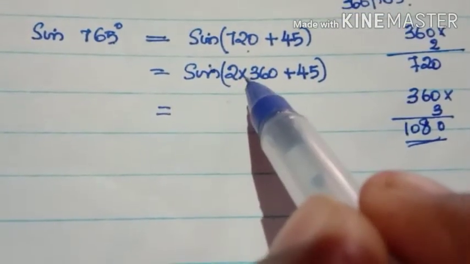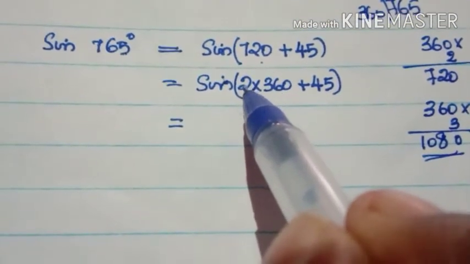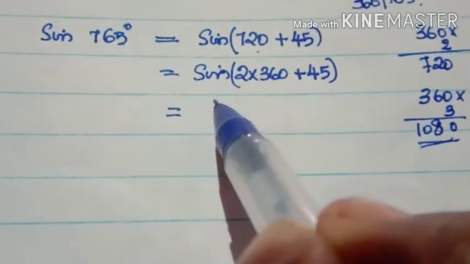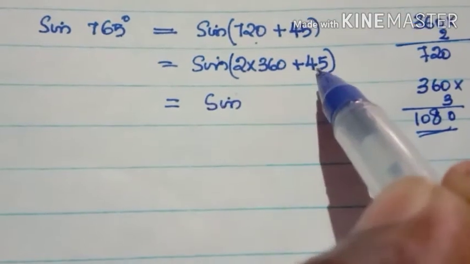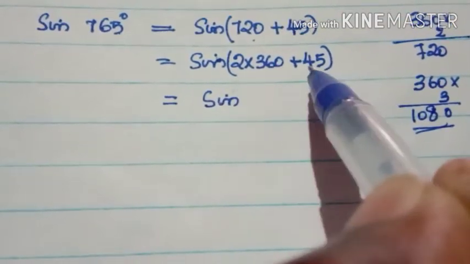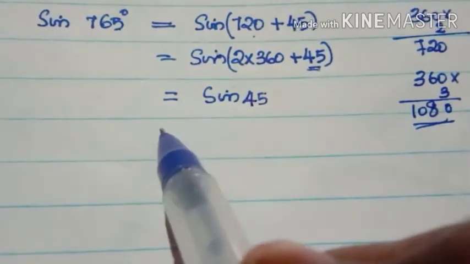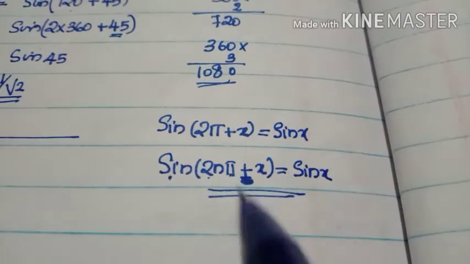If it is 360 or multiples of 360, 3, 4, 5 times, whatever it is, the answer is the same function of the acute angle 45. So sine 45 equals 1 by root 2.